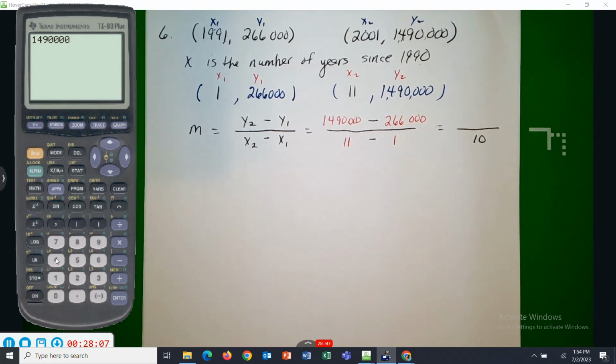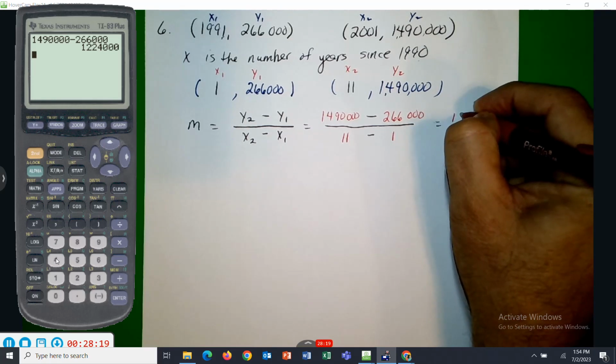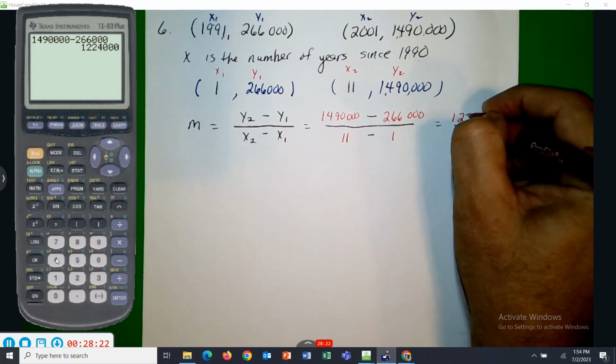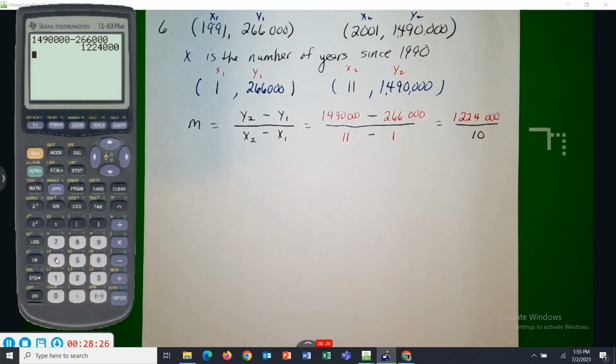1,490,000 minus 266,000. That's 1,224,000 dividing by 10. That's just going to remove one of those zeros, isn't it?